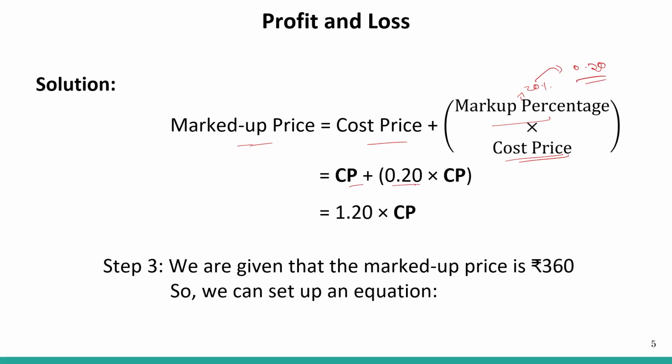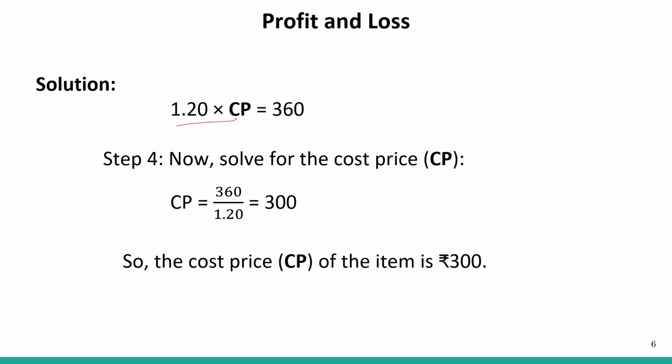So CP plus 0.20 into CP, that is 1.20 into CP, will be the final price. So now 1.20 into CP is equal to 360 rupees.